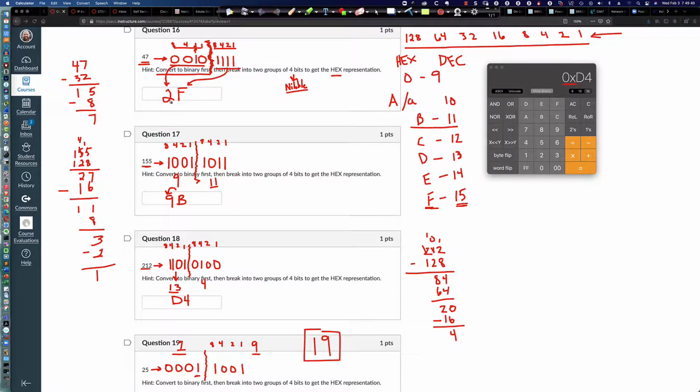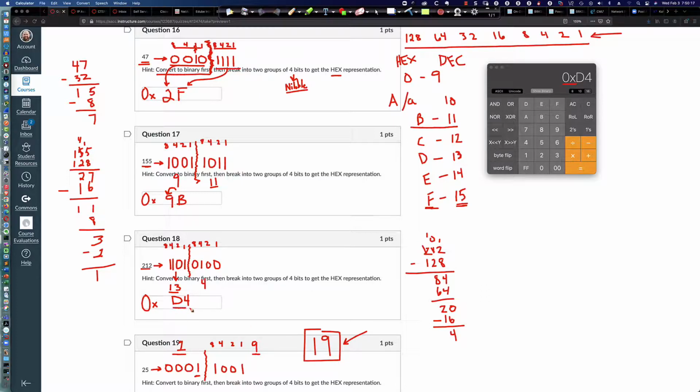I specifically left that out on purpose because it's a great habit to get into to precede any hexadecimal value with 0x, because that removes all guessing. That will remove any doubt as to whether or not it is a decimal or a hexadecimal value in cases where it's not abundantly clear.